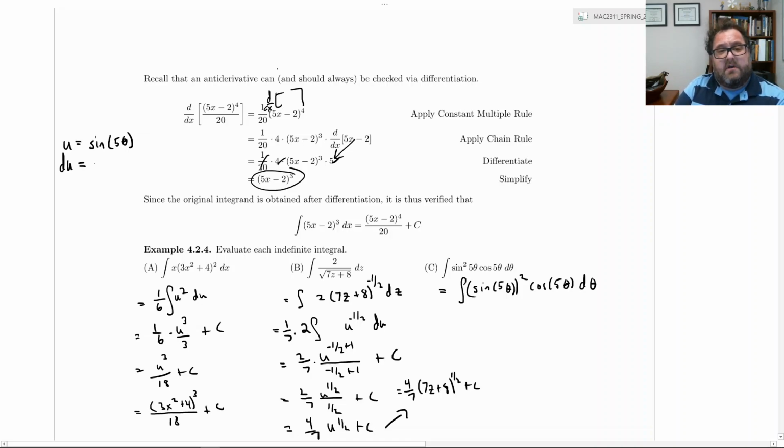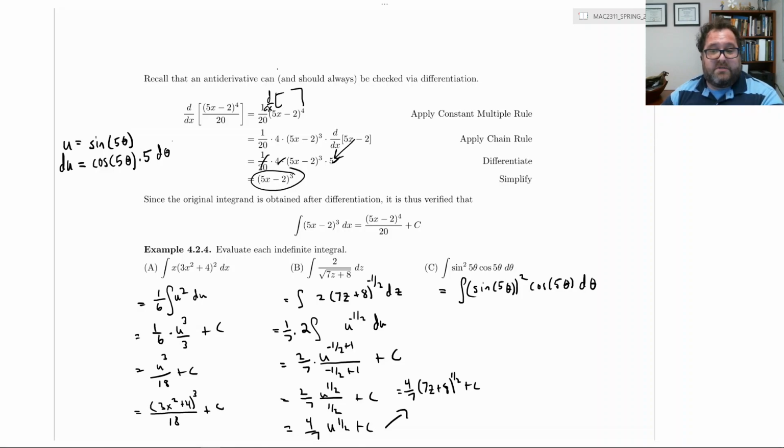Well, this is composite. So the chain rule says you take the derivative of the outside function, cosine, evaluate at the inside function, 5 theta, and then multiply by the derivative of the inside function, 5. And since this is a differential, we put a d theta on the end.